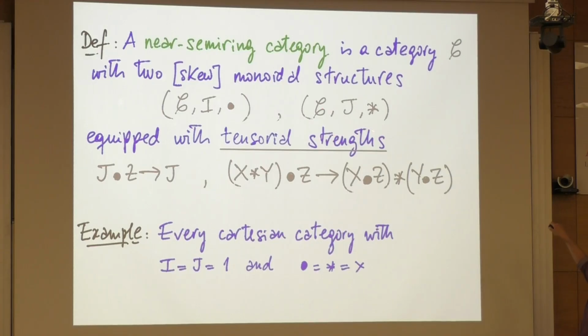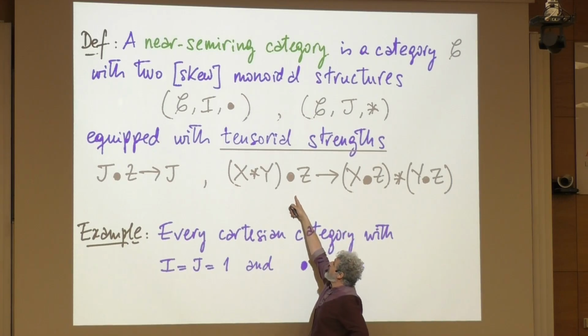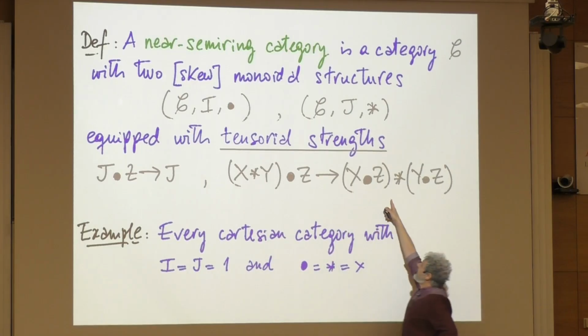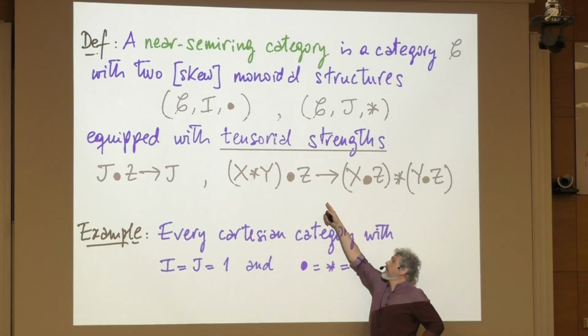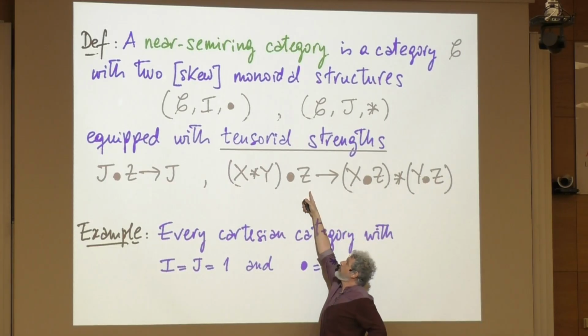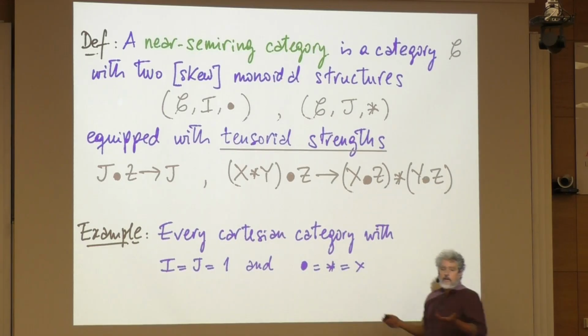And these tensor products happen to be compatible with each other in the sense of having a tensorial strength. So the dot tensor product has a tensorial strength with respect to the star tensor product, and that is the extra structure of a map that allows me to distribute the parameter set in each of the arguments x and y in a suitable coherent form.